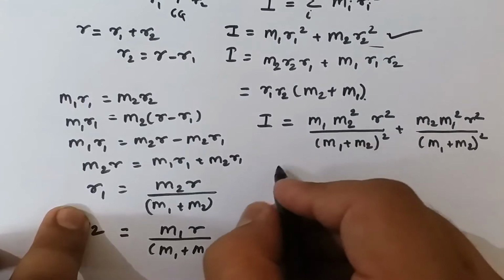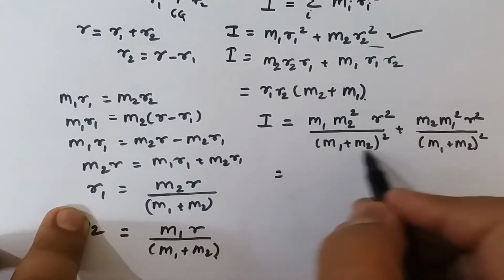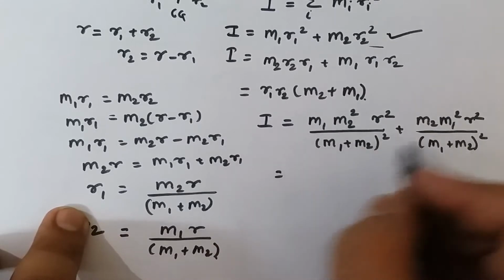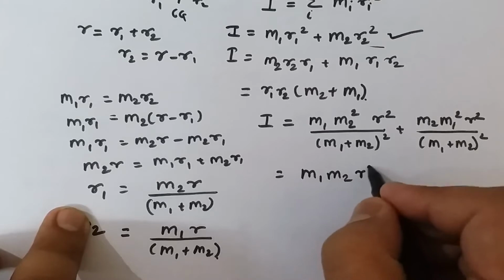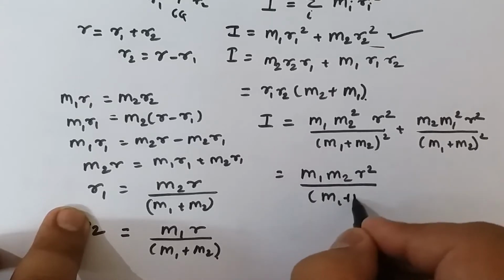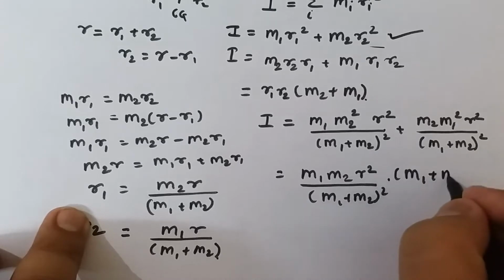Now further we can take m1 m2 r square common from both these terms, and hence we are left with m1 m2 r square upon m1 plus m2 whole square, into m1 plus m2.